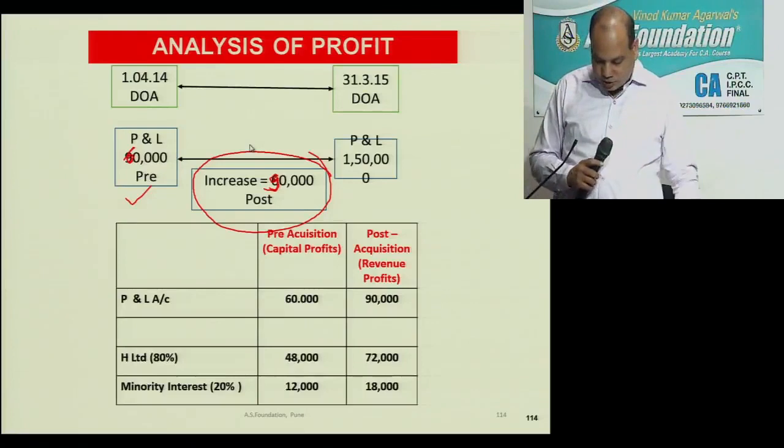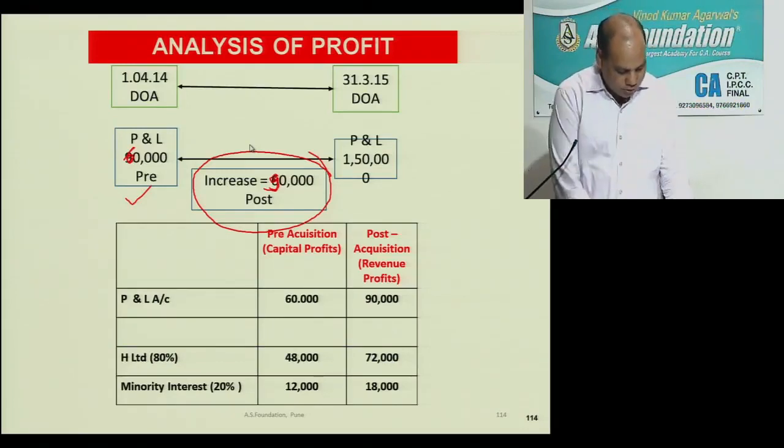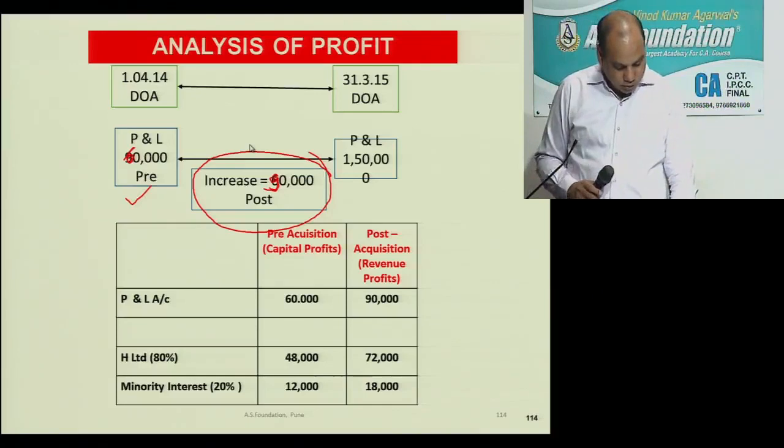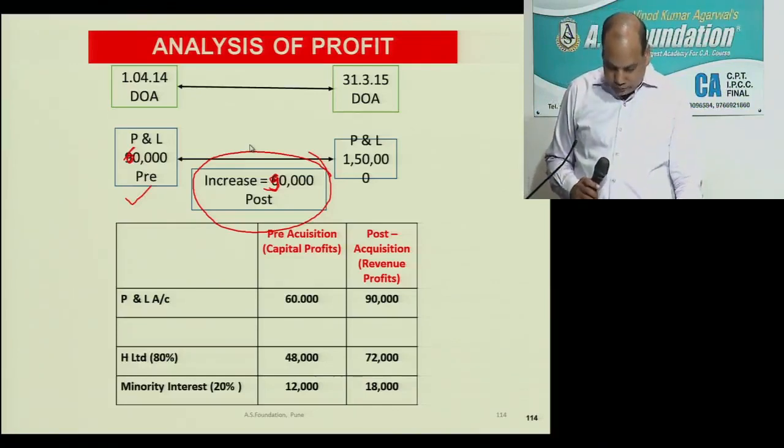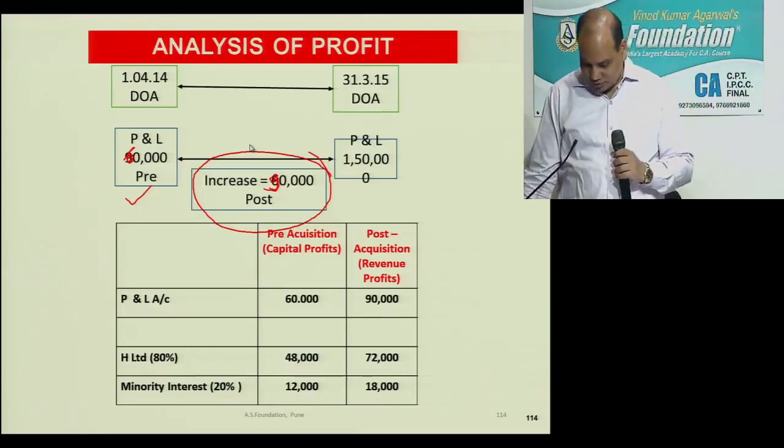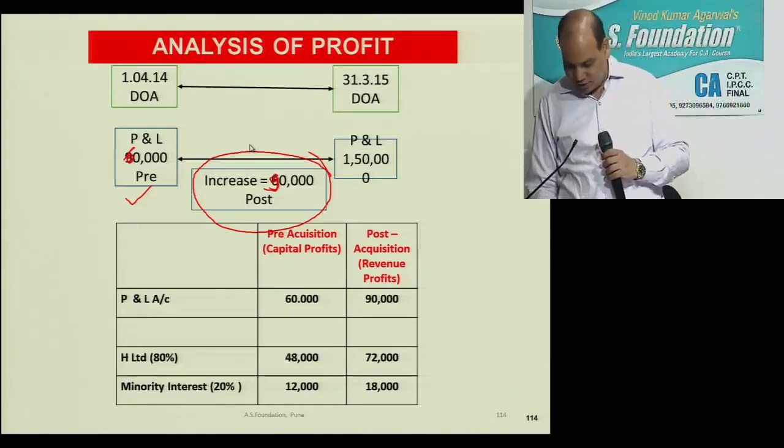Now prepare this working note. Is it printed in your book? This format for preparing the pre and post acquisition working note? Okay, so write down. Oh, the figures are missing. That's good, that will keep you awake.